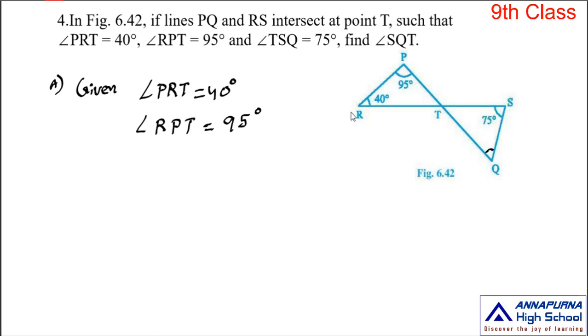Next, see the figure. In another triangle TSQ, angle S is equal to 75 degrees. We find angle Q. Angle Q means angle TQS or angle SQT.